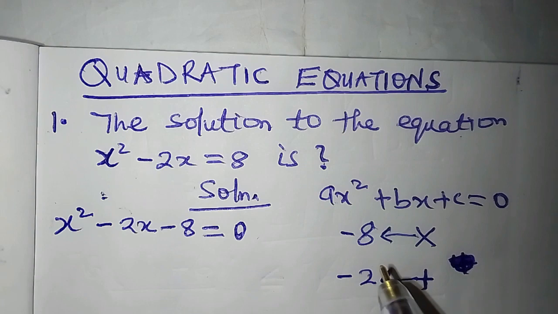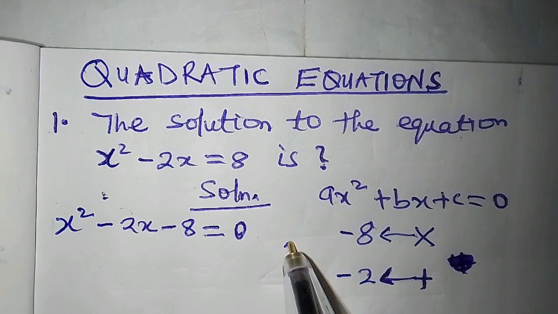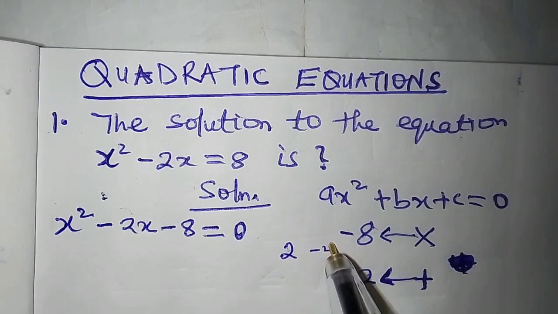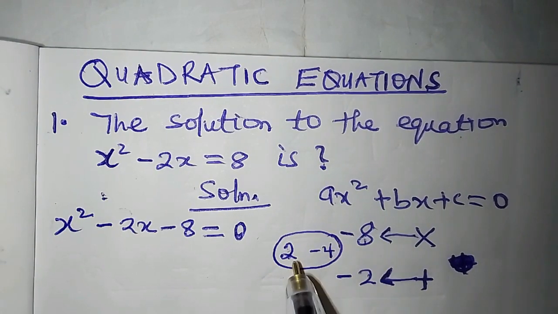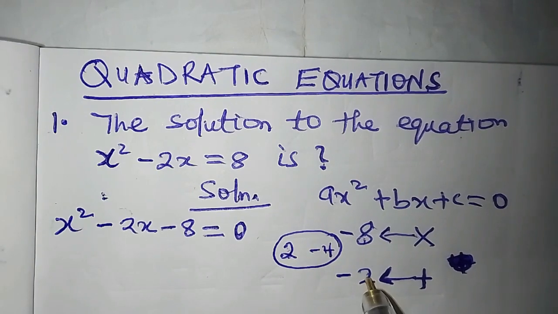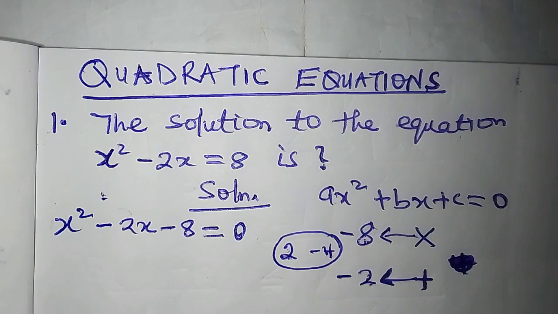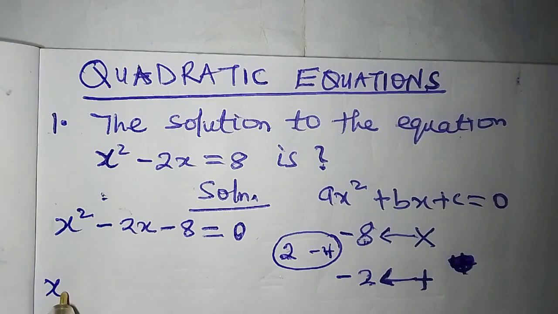The numbers are 2 and minus 4. These are the numbers, because 2 times minus 4 is minus 8, and 2 plus minus 4 is minus 2. This is what we'll do. We have x squared.